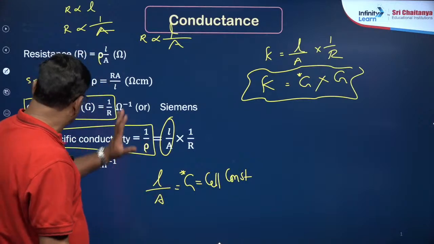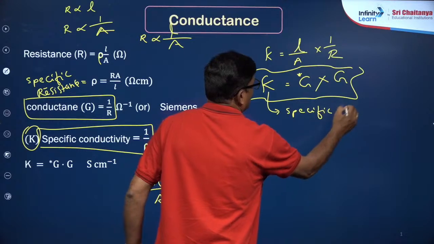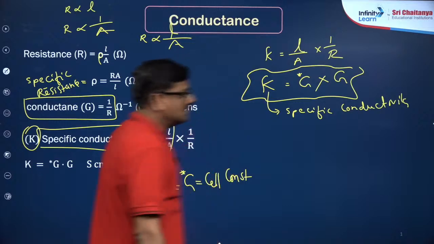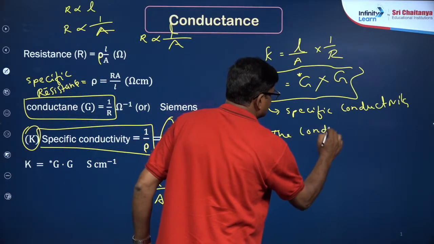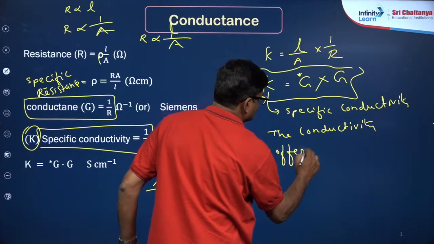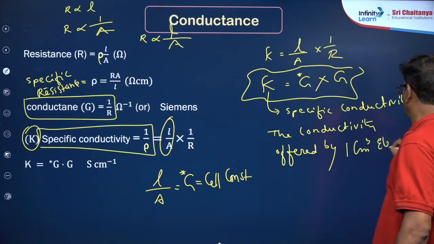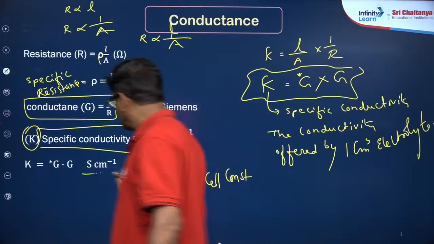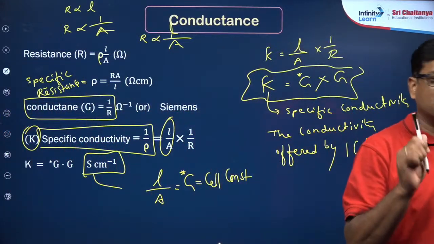This is what you call specific conductivity. It means the conductivity offered by one centimeter cube of electrolyte, and its unit is Siemens centimeter inverse. This is a very, very important point.